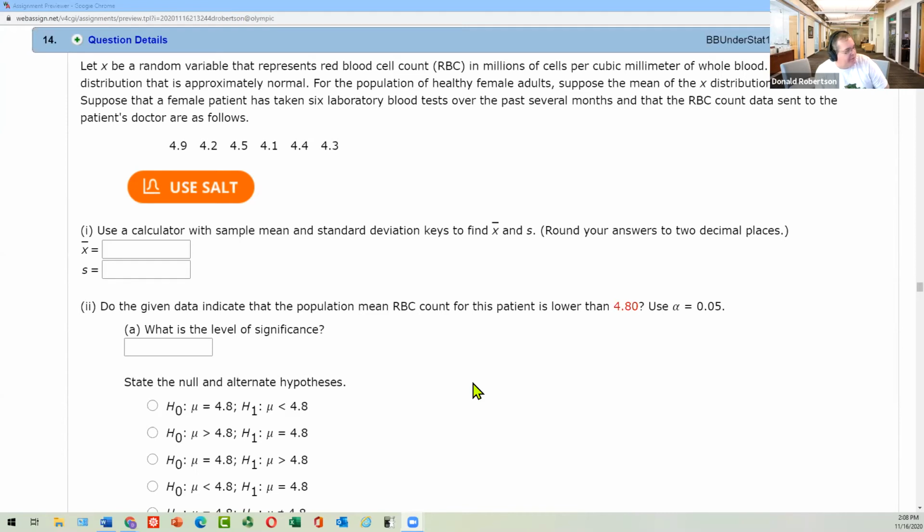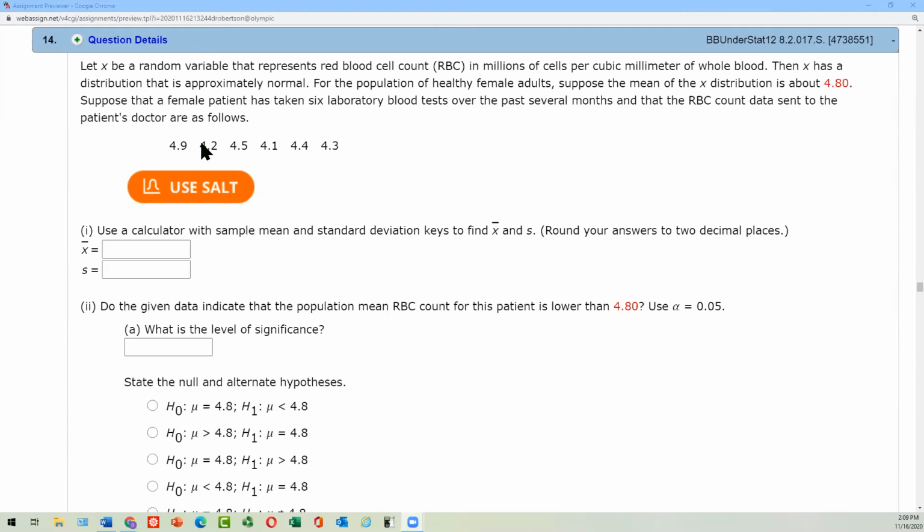What's X bar? Don't know. 4.80. Is it? I know 4.80 is there, but 4.80 is the one that we're going to be testing against.